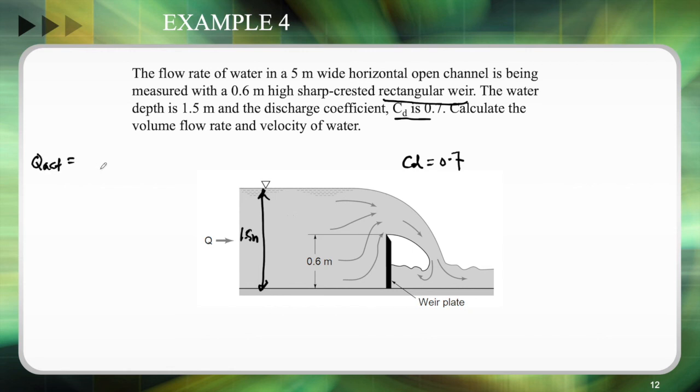So Q actual is CD times 2/3 times B times square root of 2g times H to the power 3/2. B, the width of this rectangular notch, is already given as 5 meter. What about H, the head over the notch? This question gives us the depth of water and does not give us the head over the notch.